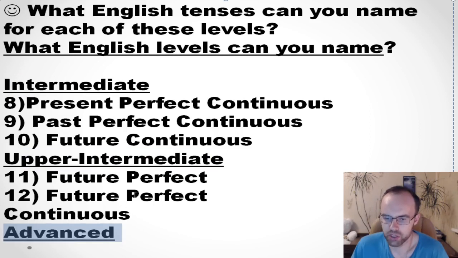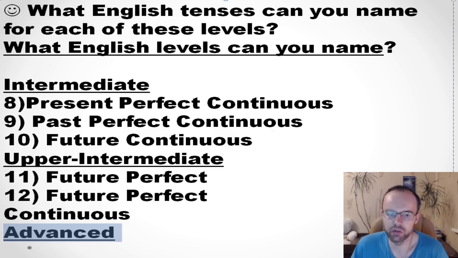So actually, most people and most teachers say that you need to know all English tenses before an advanced level. If you want to have an advanced level, you need to know more advanced structures, and you mostly need to understand the difference between these tenses.